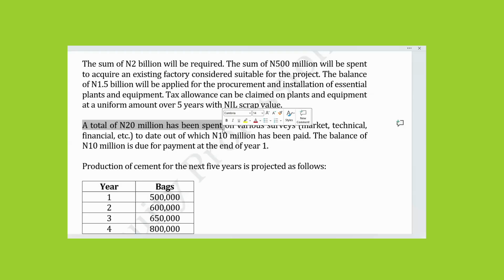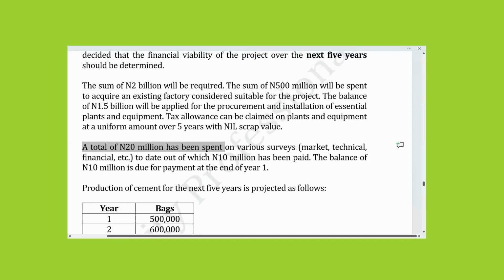It has to be cash flow that has not been incurred at all. So this 20 million naira has been spent on market survey, technical survey, financial survey. Therefore, it is not relevant. Irrespective of when the payment will be made, it is a sunk cost and therefore not relevant to the calculation. You are supposed to ignore it. Okay?